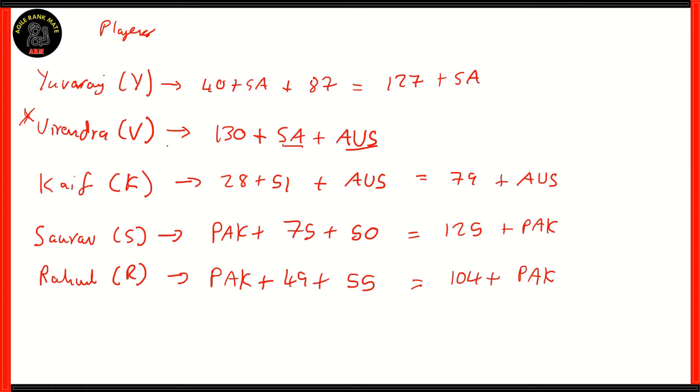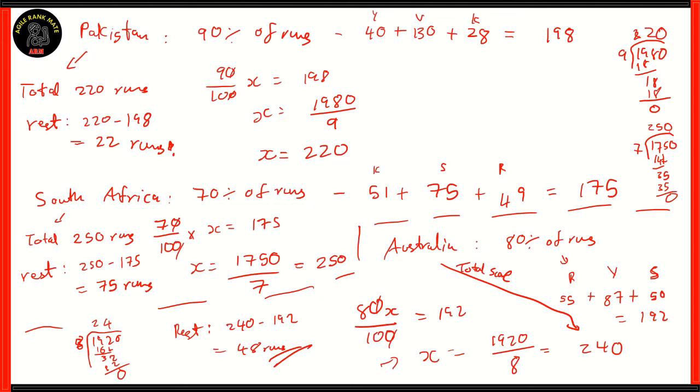Now, what about Yuvraj? Yuvraj has the score against South Africa in question, but we do know that he scored 40 against Pakistan and 87 against Australia. If you look at the match against South Africa, that's when the rest of the team contributed the most, a total of 75 runs by the rest of the Indian team.